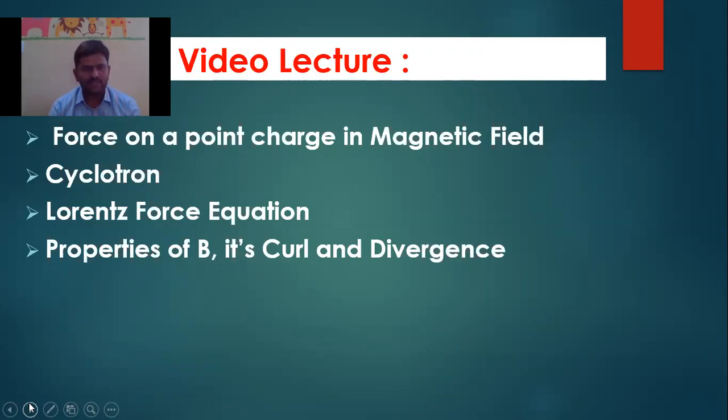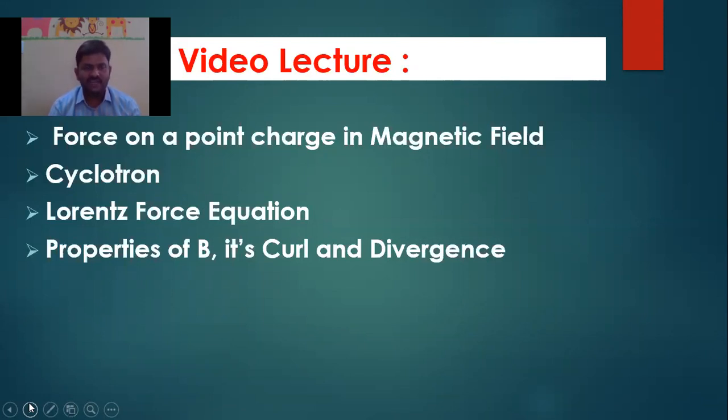It may be attractive or repulsive, but it will definitely face a force when it is kept in a magnetic field. We need to calculate the force experienced by a point charge moving in magnetic field. We'll see how to calculate that.